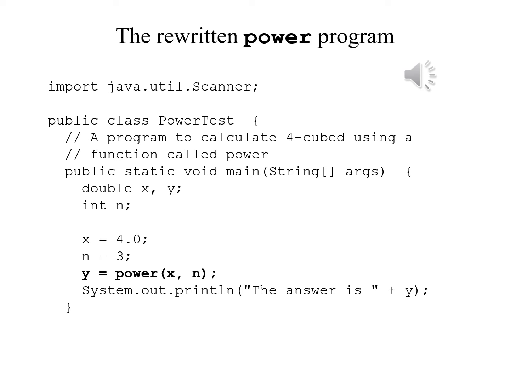Whereas before I had power, open parenthesis, y comma x comma n, close parenthesis semicolon, now I simply have y equals power, open parenthesis, x comma n, close parenthesis semicolon. It's very clear from this that there is a value associated with power that is being assigned to y.